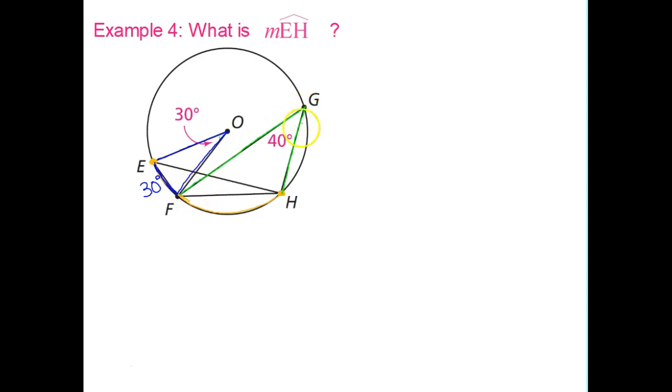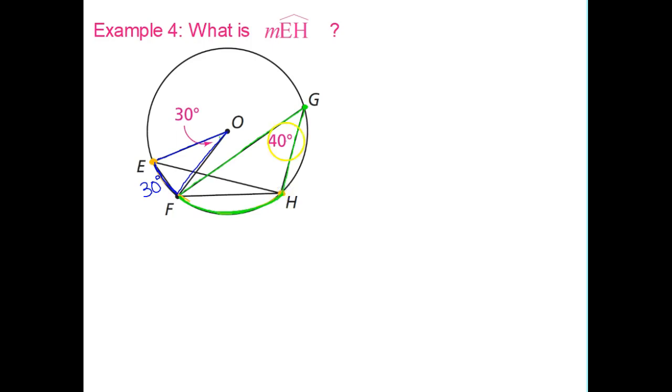We can see that this angle is an inscribed angle because its vertex is on the circle. And we also learned that the relationship between an inscribed angle and its intercepted arc is that the angle is half of the arc. The other way that we can say that is that the arc is twice the size of the angle.